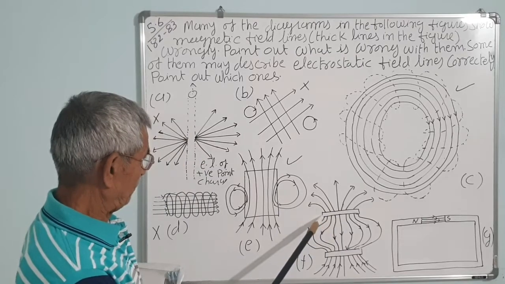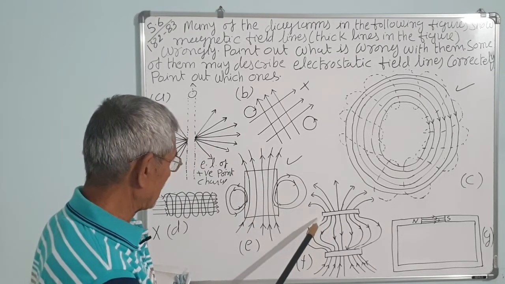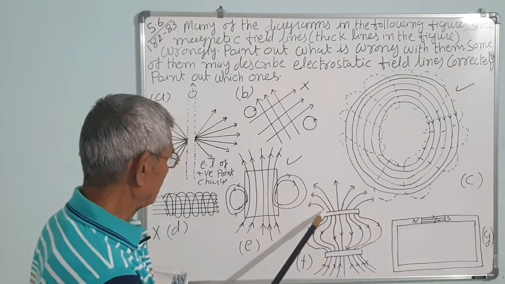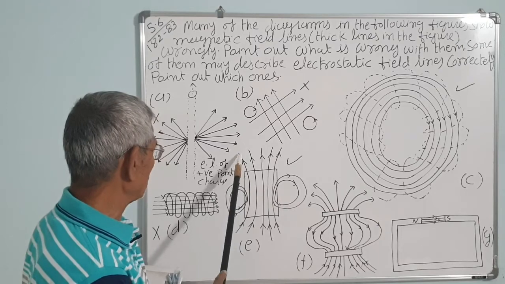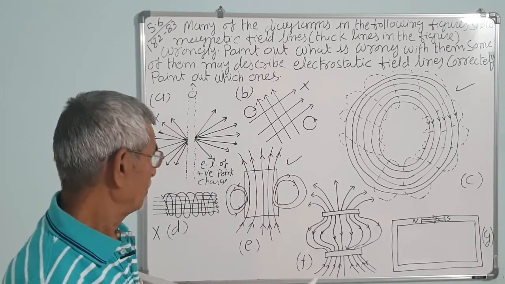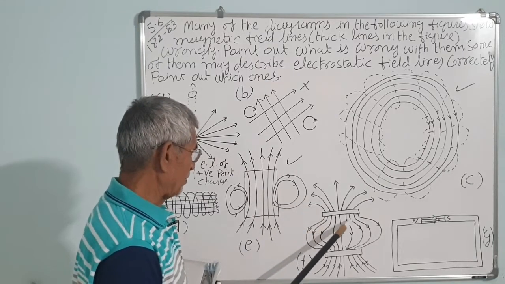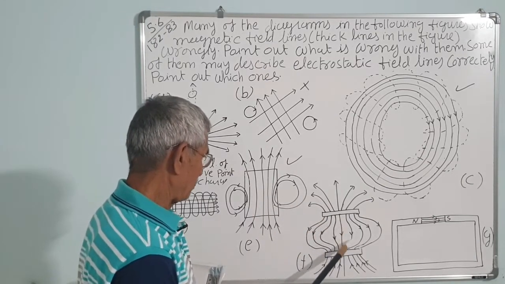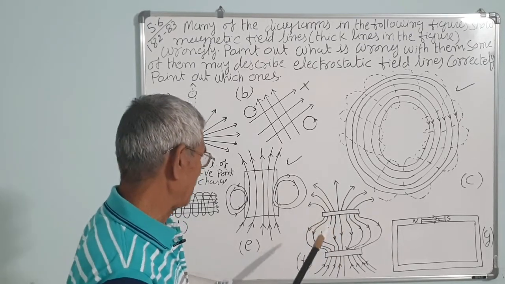Compare these two. Here lines are entering, here lines are not entering; here they emerge from both sides, here they are not emerging from both sides. If this line goes like this, that line does not go like this, it is emerging like this. So observe carefully. These are just like the lines of force due to an electrostatic charge, a positively charged plate.